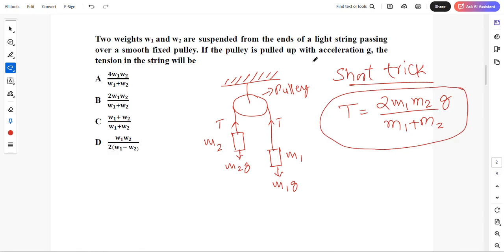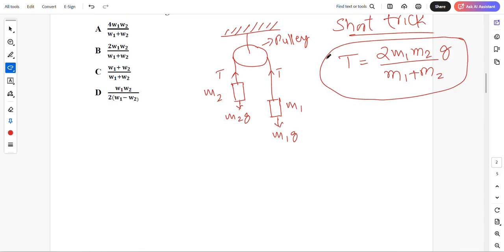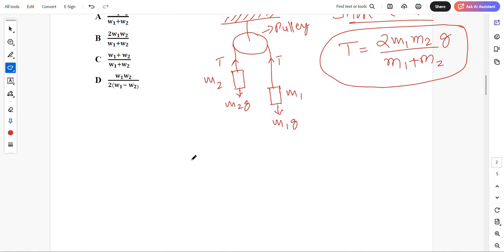Now what they are saying: if the pulley is pulled up with acceleration g. We have a pulley. This is, let us say, m1. This is m2. This is m1g, m2g.